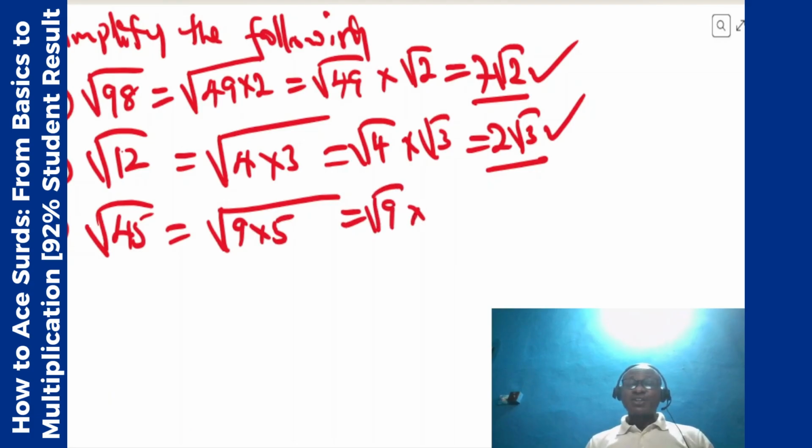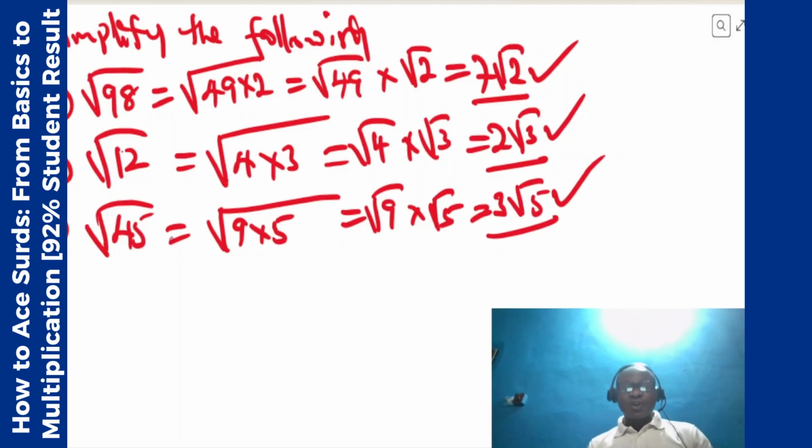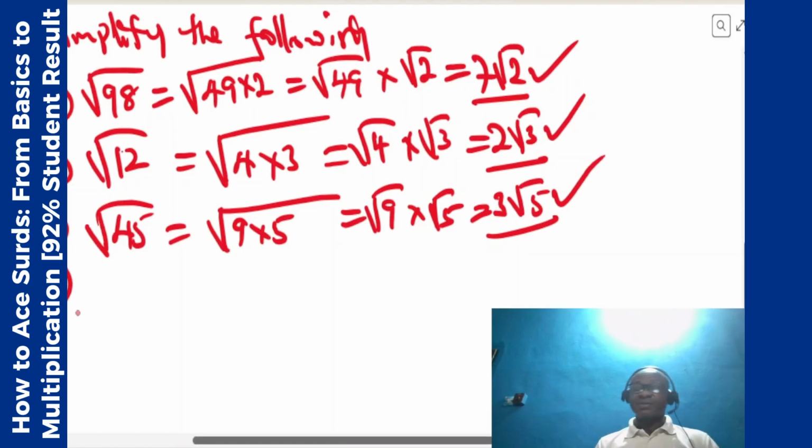That is why I choose 9. If I had chosen another number, it may not have worked. I have to make sure that one of the numbers I'm using must be a perfect number. That is a number that has a square root. So the square root of 9 now is 3, making my answer 3 square root 5 or 3 root 5. I hope that makes sense to you.